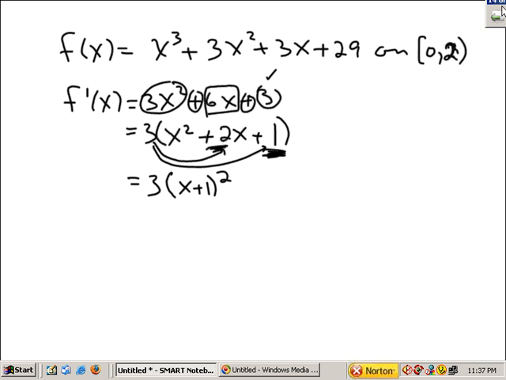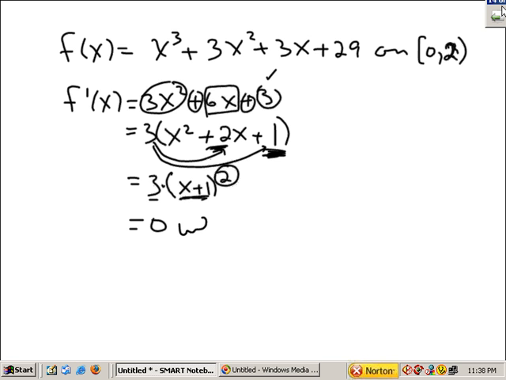Well, this is always well defined, so it never does not exist. No matter what x value I give you, you can always add 1 to it, and then you can always square it. And whatever you get, you can always multiply it by 3. But you know what? It can equal 0.